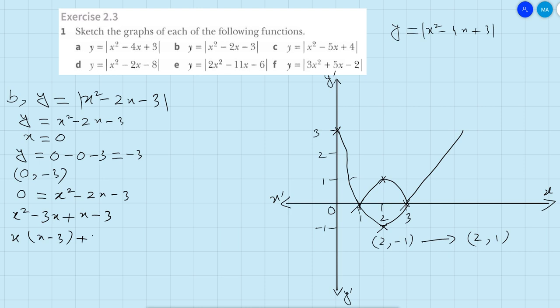X minus 3 plus 1 is common. X minus 3, x plus 1 is equals to 0. This implies that the value of x is 3 and value of x is minus 1.